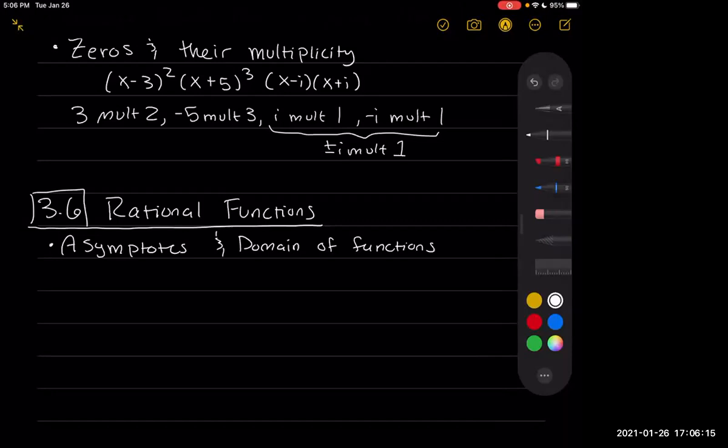And then domain is the intervals that the function can draw from. So it's basically all the points where there's not a vertical asymptote or a hole in the graph.